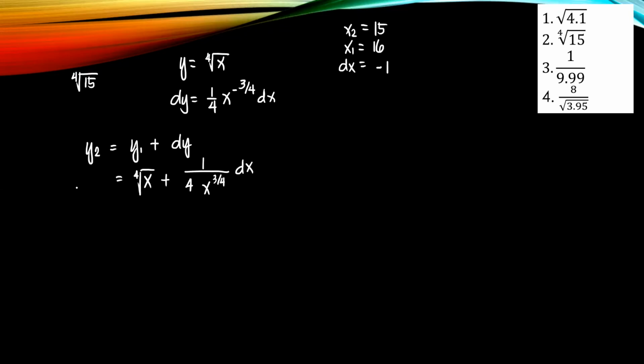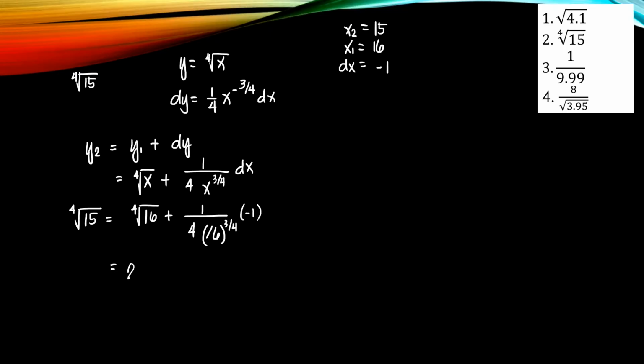Now that we have this, we can approximate the fourth root of 15. So that's the fourth root of 16, plus 1 over 4, 16 to the 3/4, and then this is -1.